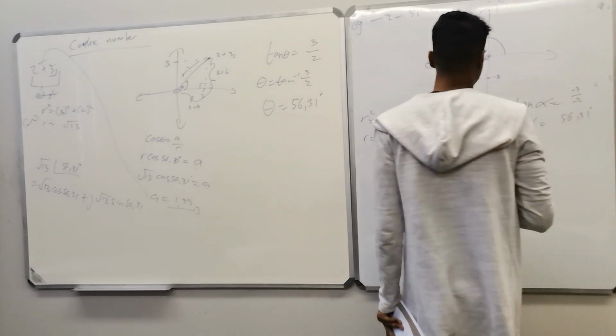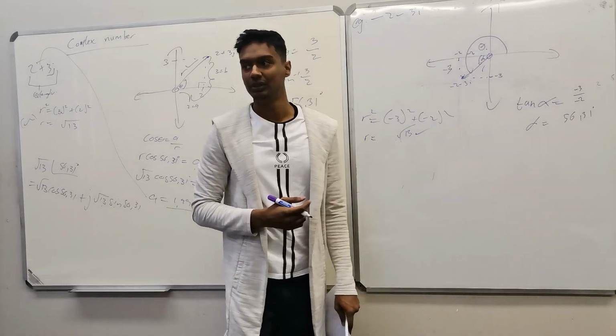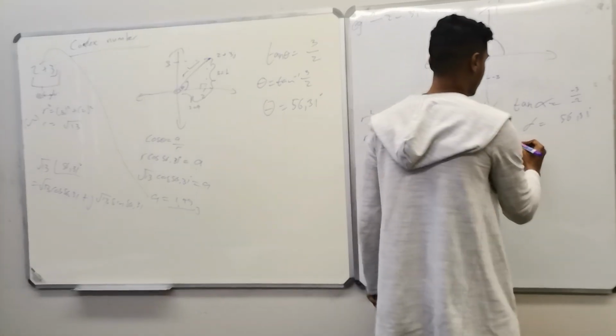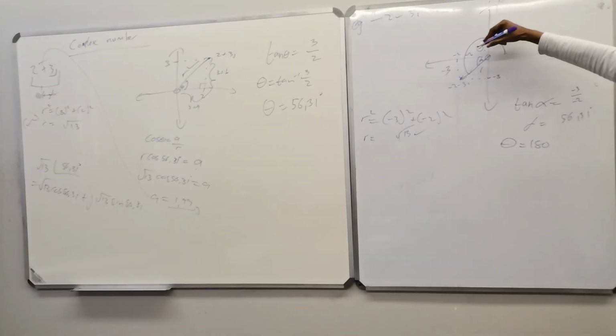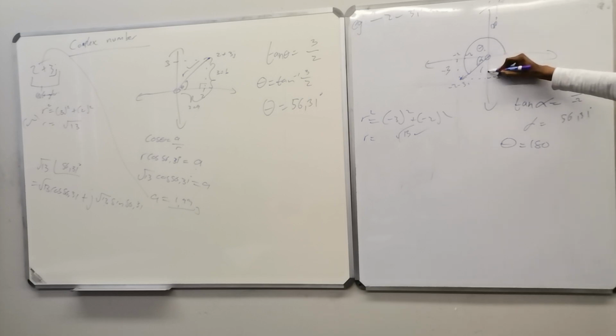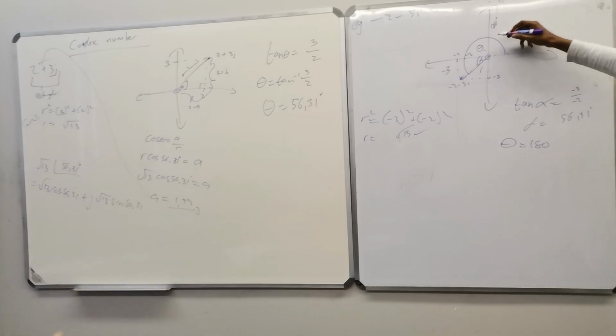Okay, but is that our angle theta? No. Theta is equal to 180 plus alpha. Why? Can anyone tell me why? Because from here till here it is 180. If it was here, it would be 180 plus 90, 270. If it was here, it will go all around, it will be 360.